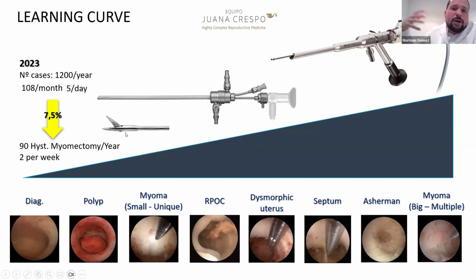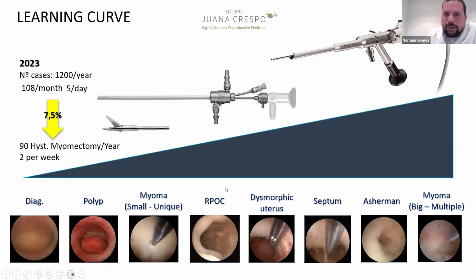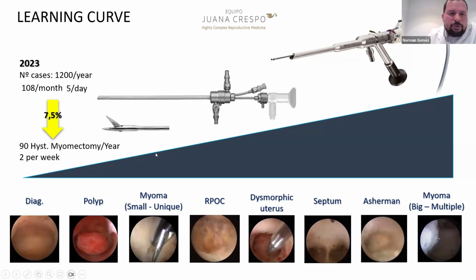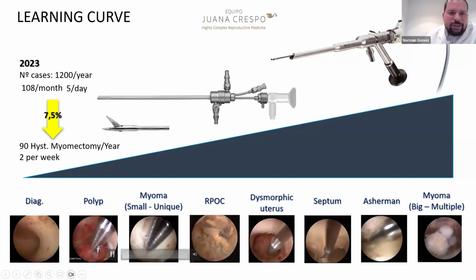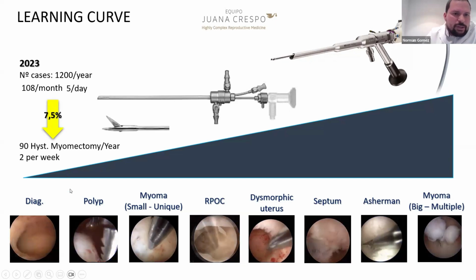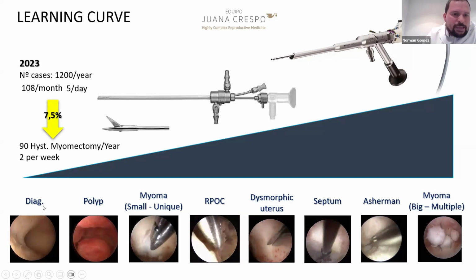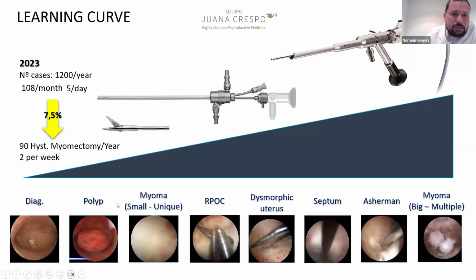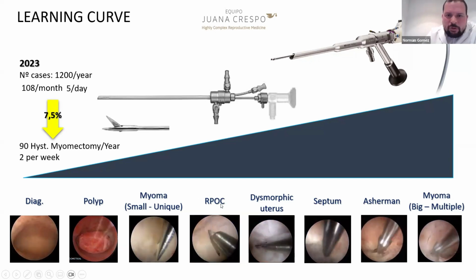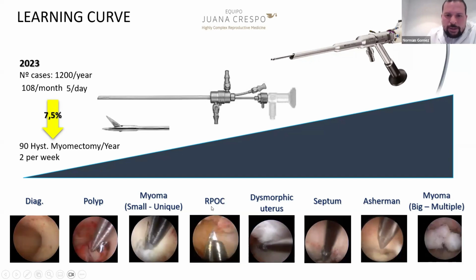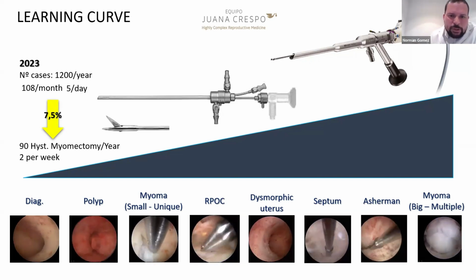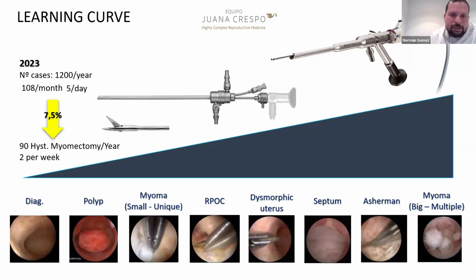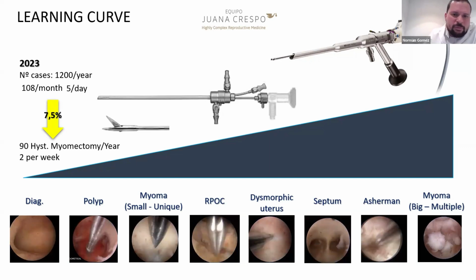The volume is not so high for myomectomies, but the main message for you is that if you create the habit of working with the scissors, you need to start with simple cases like diagnosis, polyps or small myomas, and retained products of conception with small residual tissue. This is your training camp to jump to the complex case of myomectomy.